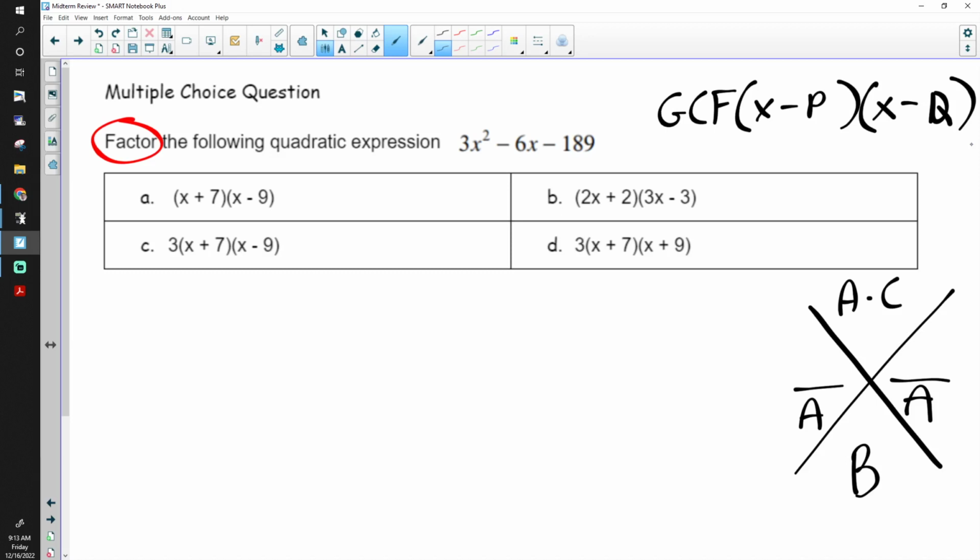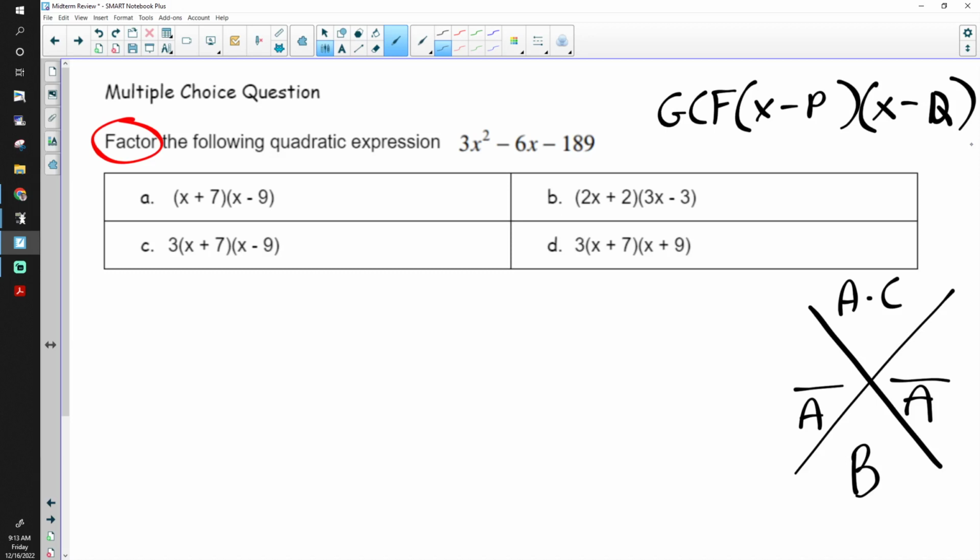Okay. The first thing we should always check for, 3x squared minus 6x minus 189, is what should we try to do? Take out a GCF. I heard divide by 3. Both are perfect. The greatest common factor of 3, 6, and 189 is 3.